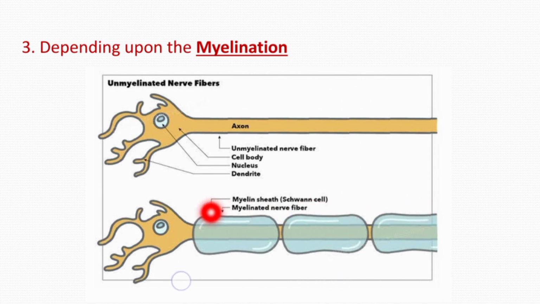This myelin sheath is formed by various cells, as I will show you, and it is a thick lipid layer which serves to insulate the neuron from the surroundings. The unmyelinated neurons do not have any myelin sheath. The myelin sheath, by insulating the neuron, speeds up the impulse velocity in the neuron and also serves to conserve the energy.